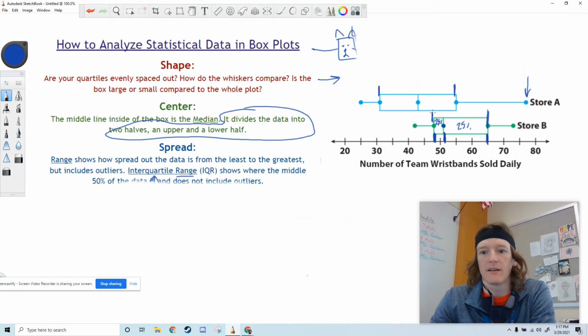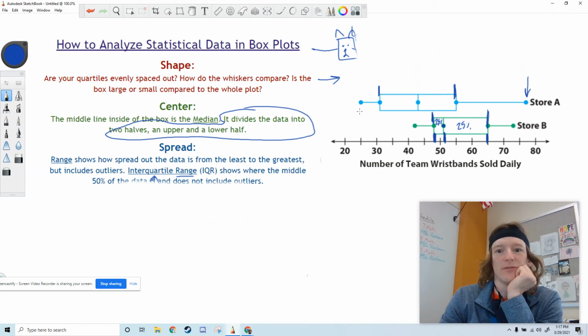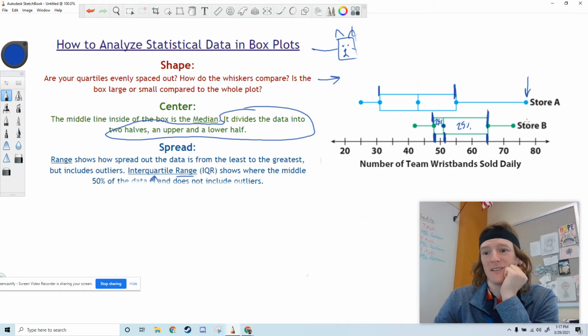So B is a lot more consistent. Their data is squished together more than store A. Store A, they might sell 25 one day, and they might sell 77 in one day. Whereas store B, it's between like 42 and 74. It's a lot more consistency.